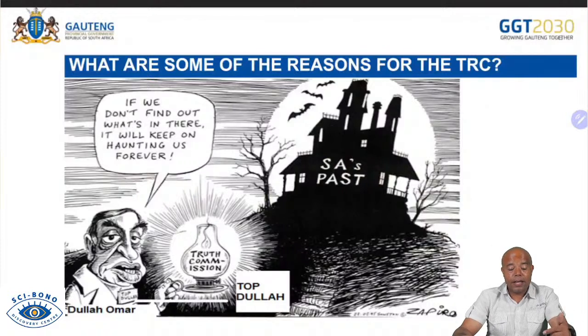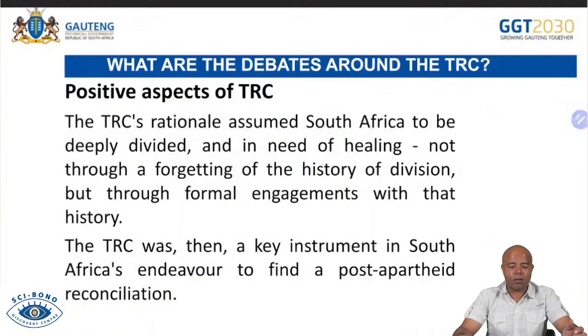Now, we can clearly see that he's got the light, and this light that he is carrying has written on it the Truth and Reconciliation Commission. So it means the Truth and Reconciliation Commission is what will bring light to the past with regards to the atrocities that were committed in South Africa. And that was the main reason, to unravel the past, to bring back together perpetrators and victims so that we cannot find ourselves in a civil war in South Africa.